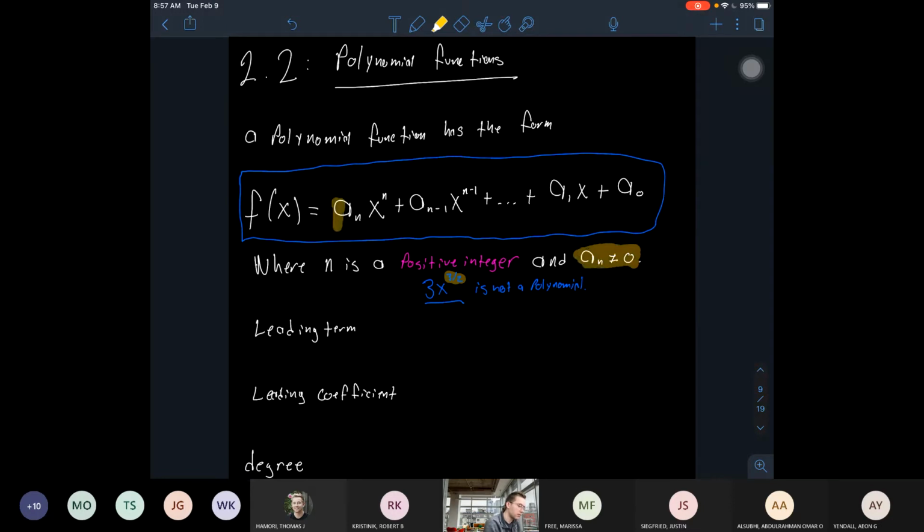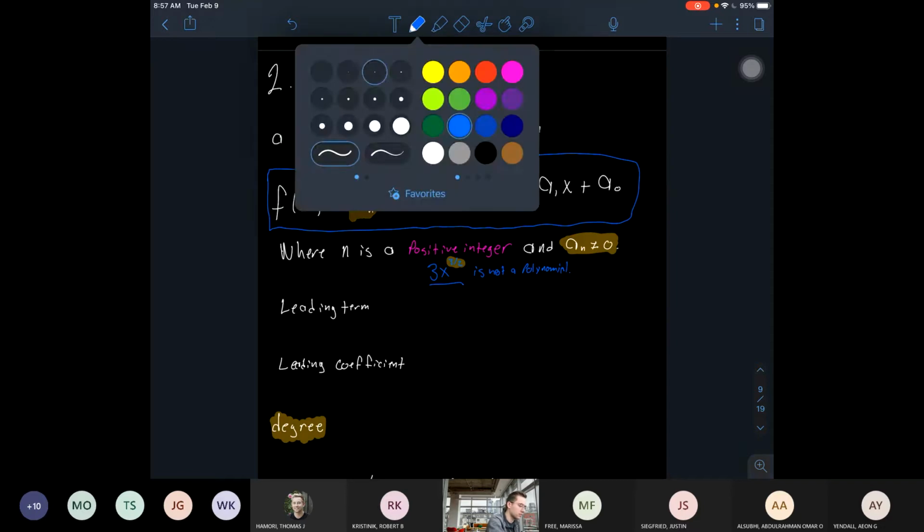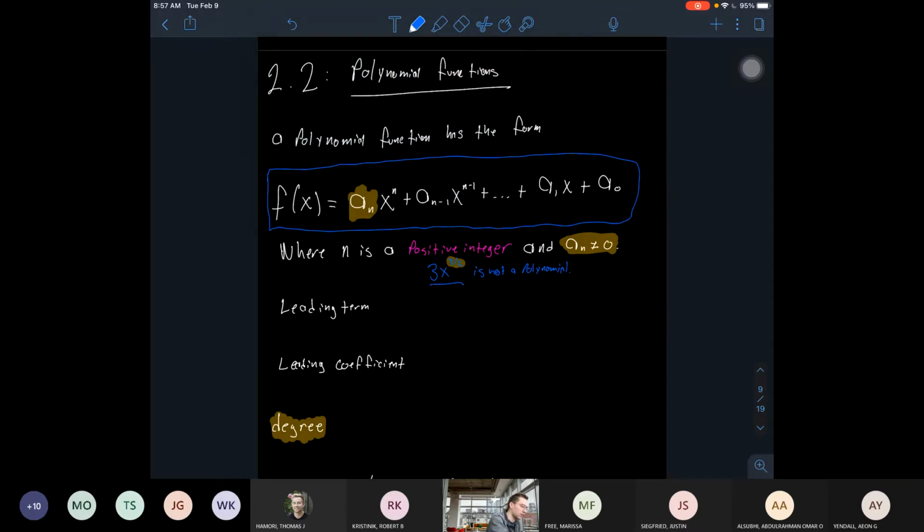Okay, again, we always require this top term to be non-zero. And that's really just for the sake of establishing what the degree is. But let's first talk about what the leading term is. The leading term of a polynomial is just going to be a_n times x to the n. Okay, that's the leading term.